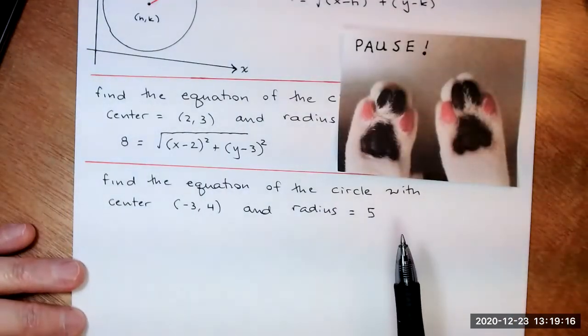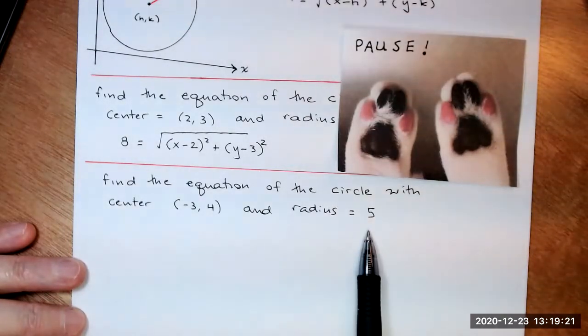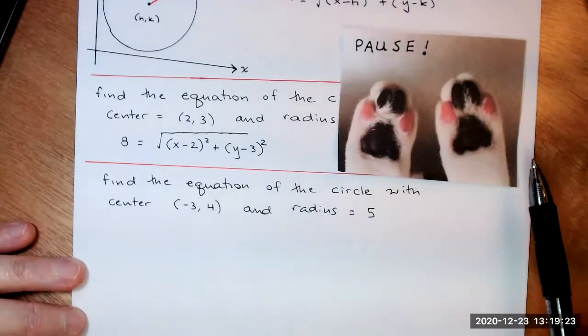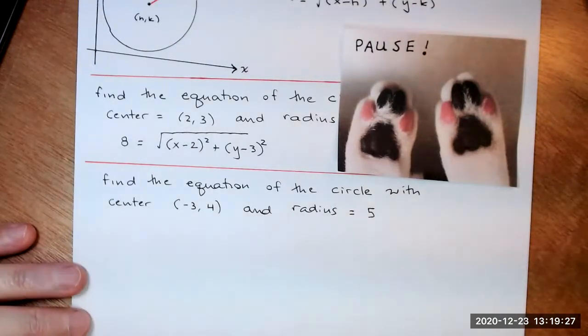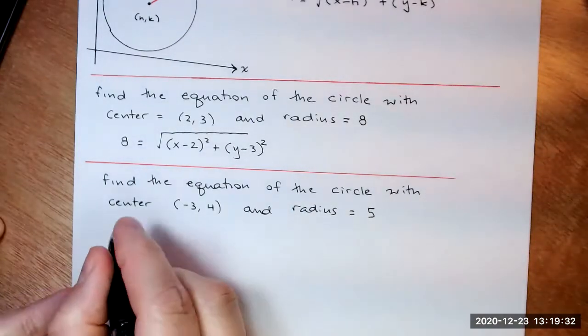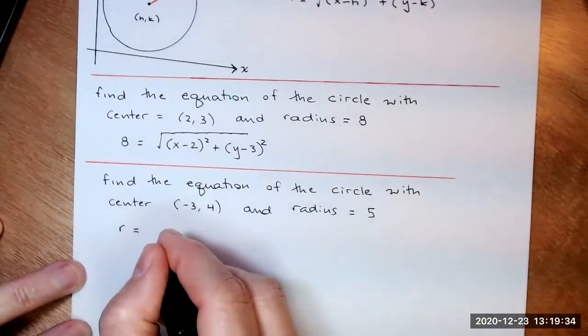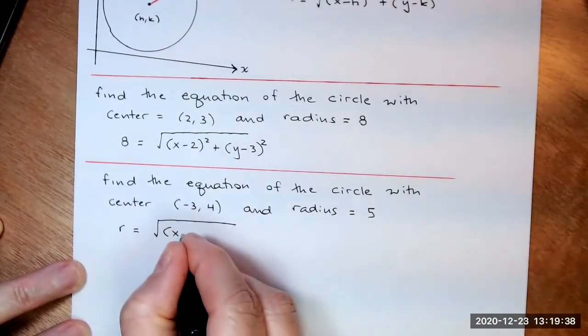All right, let's find the equation of the circle whose center is at -3, 4, whose radius is 5. And if I were you, I would hit pause and try it on your own. All right, so we're just going to put those parameters into this distance formula.